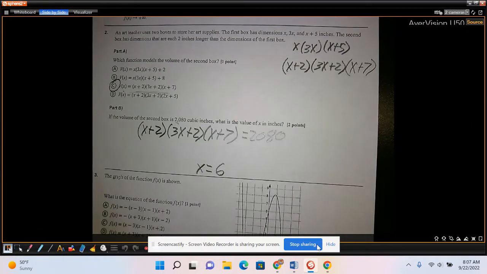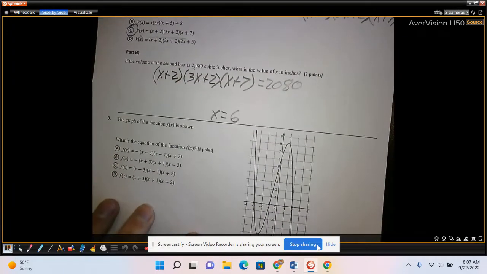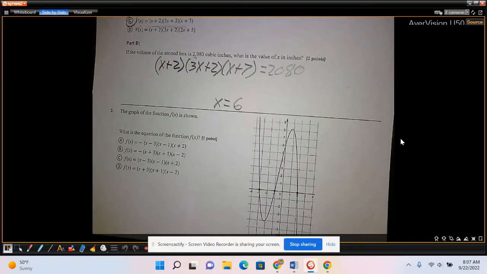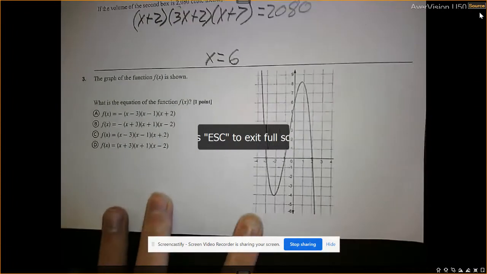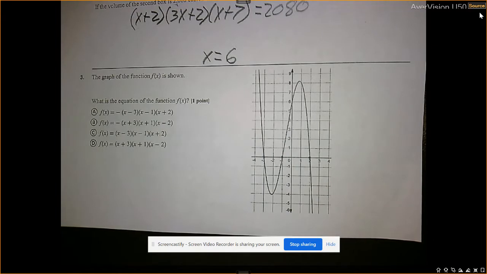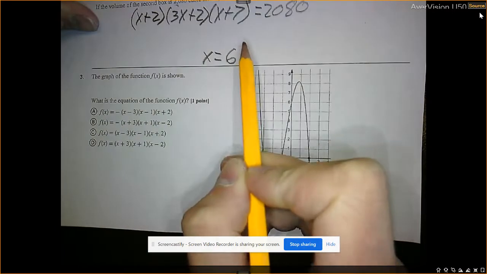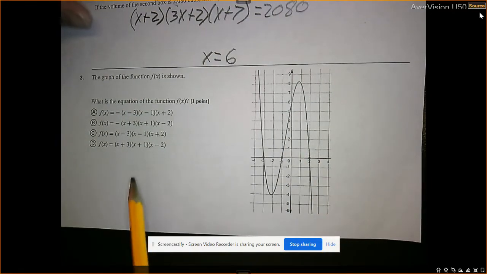Let's keep moving here. Number 3. We're trying to figure out what equation represents the graph we have to our right here. I'm looking at these and thinking, well, it has to be an odd degree because it's going up in one direction and down in the other, but they're all odd degree, right?